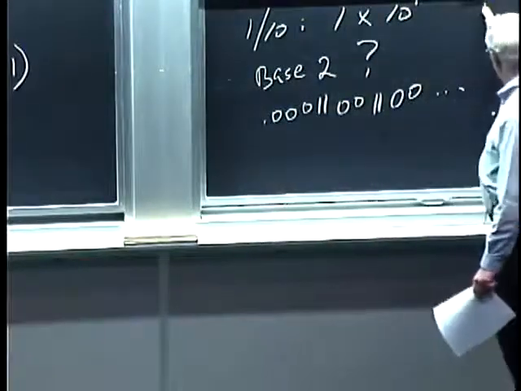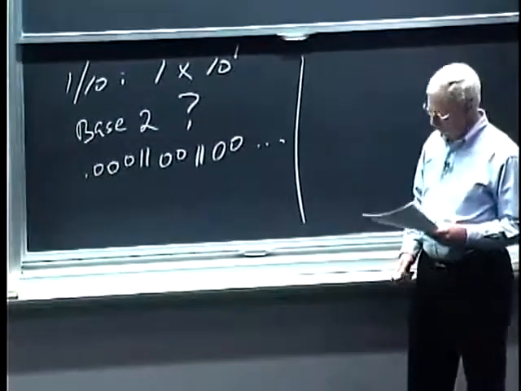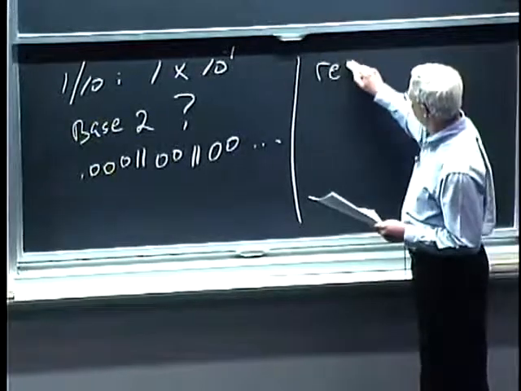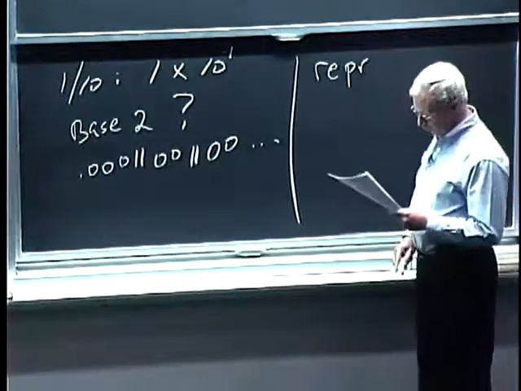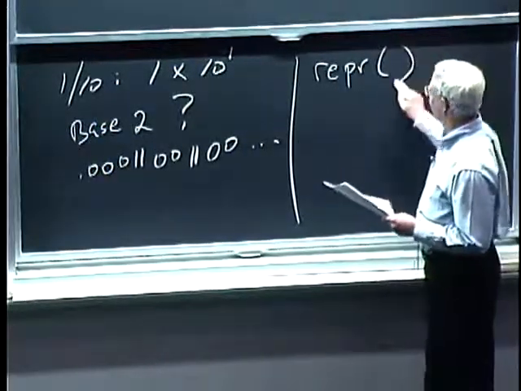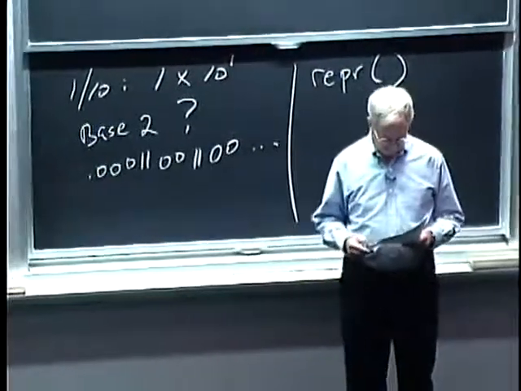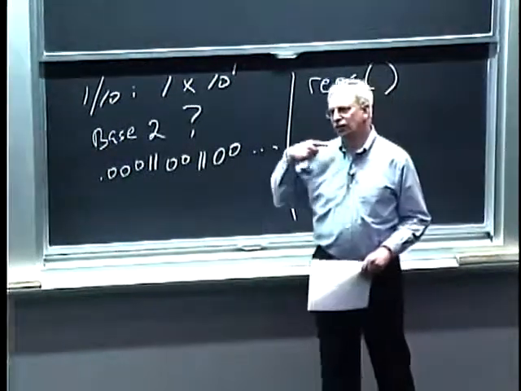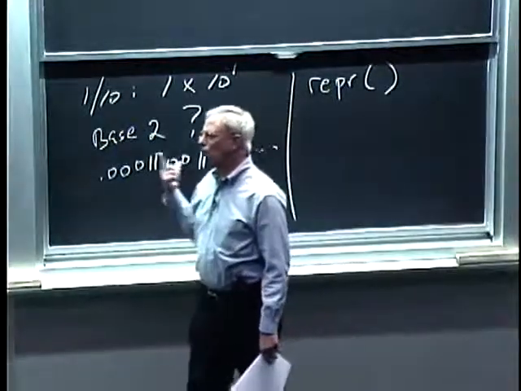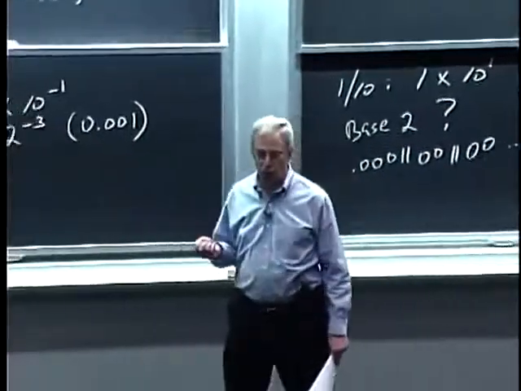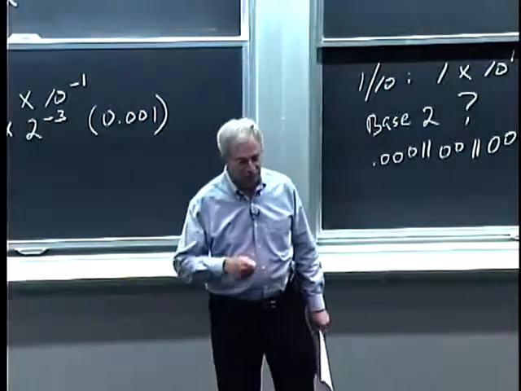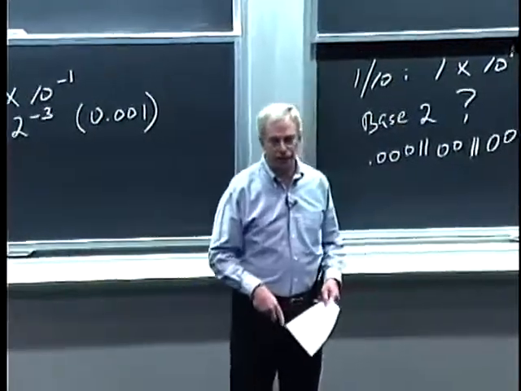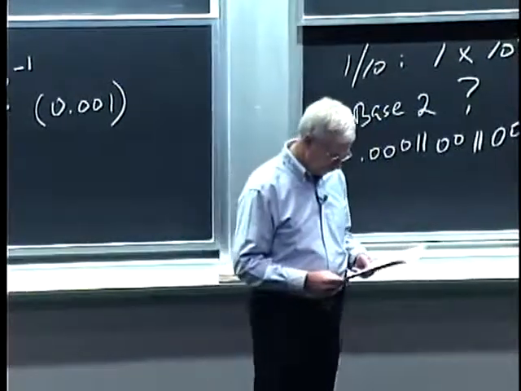However, in Python, whenever we display something, it uses the built-in function repr, short for representation, that converts the internal representation, in this case of a number, to a string, and then displays that string on the screen.